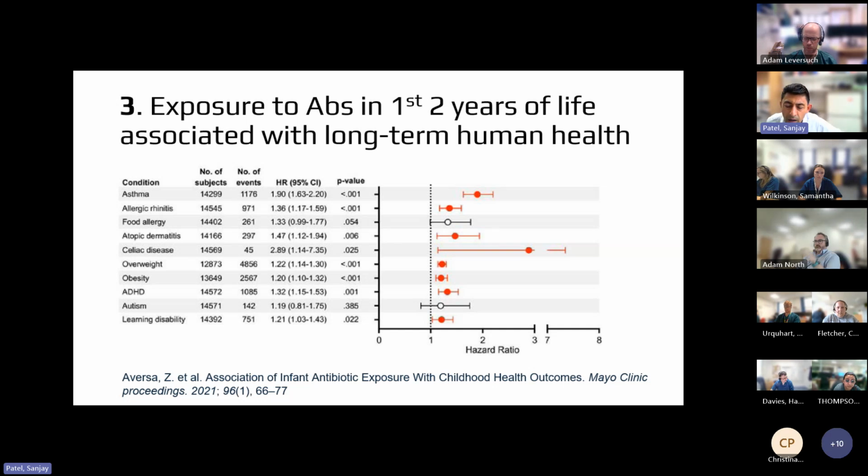So I think it's really important to recognize that we have a lot of bacteria in our body, and one of the harms we do with antibiotics, especially in young children, infants, neonates, is meddling with that.